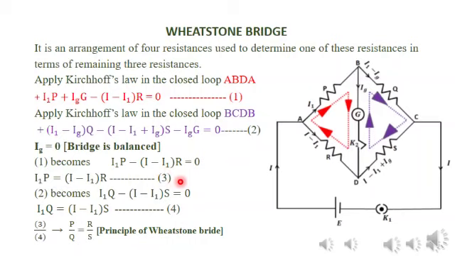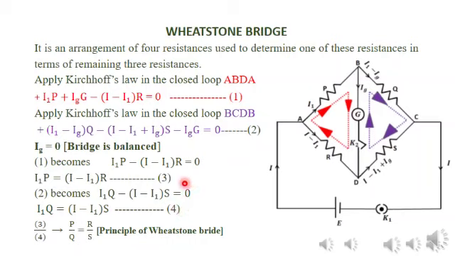Now put Ig equals 0 in equation number 2. So it becomes I1Q minus I minus I1 into S equals 0. Now take the second term to the right side, so the equation becomes I1 into Q equals I minus I1 into S. This we consider as equation number 4.